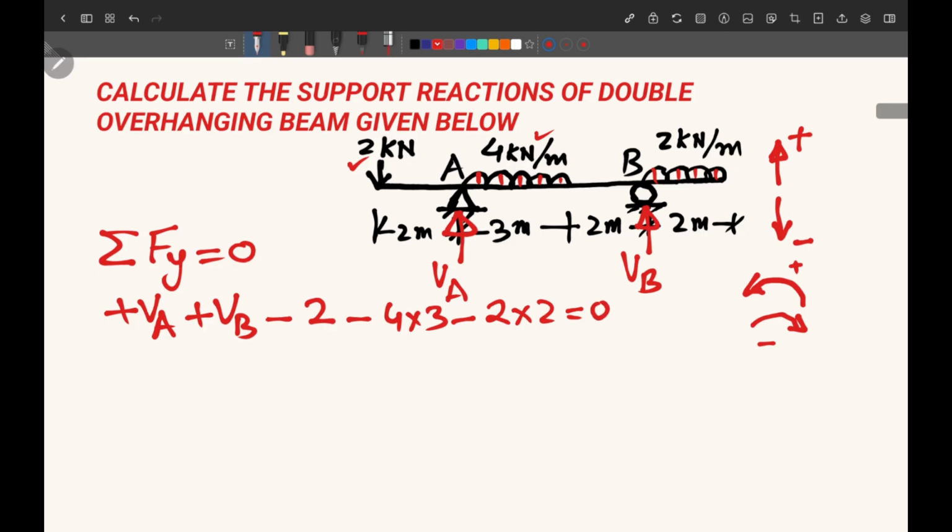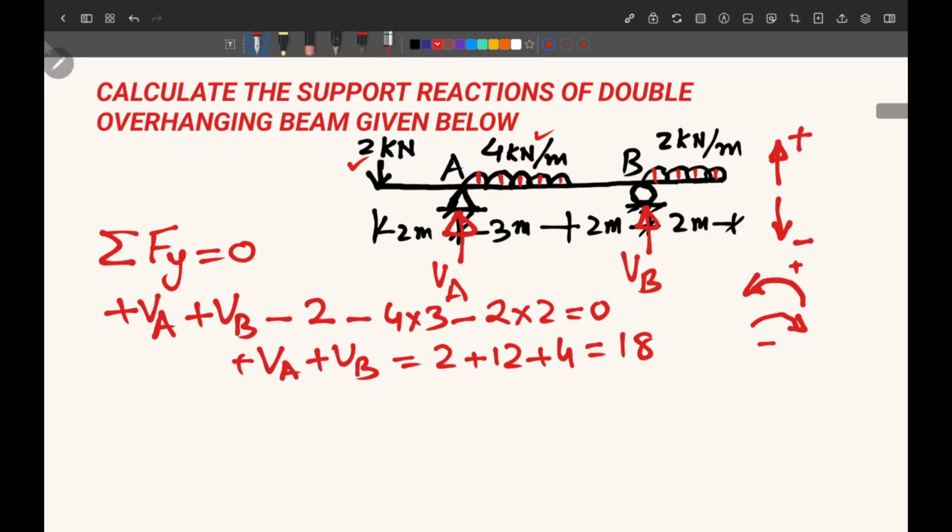So from here we can say that we get the value of VA plus VB equal to 2 plus 12 plus 4 equal to 18. So VA plus VB is 18.